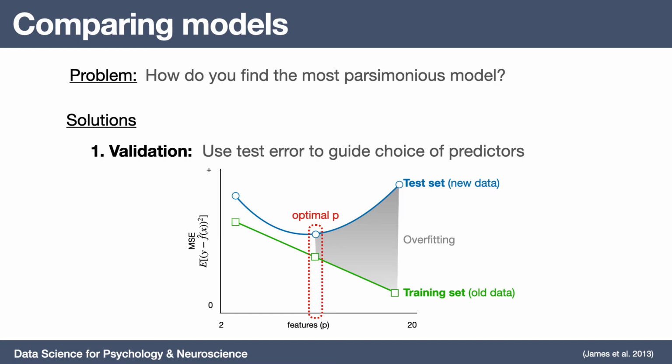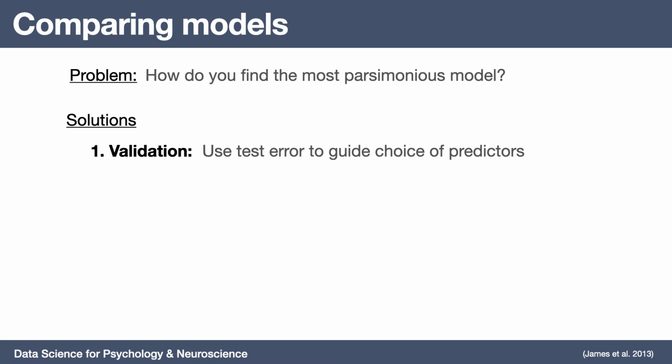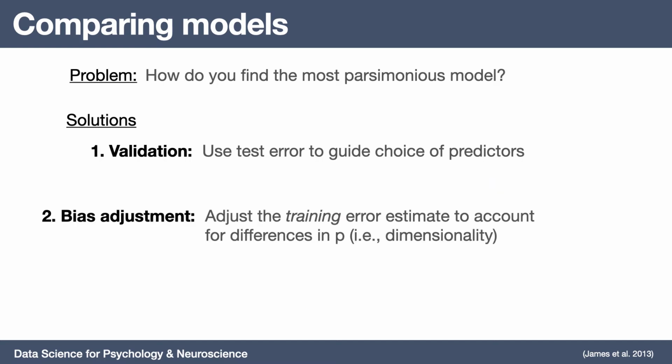Validation is good. It's also costly. It's computationally expensive. So another way to try to understand your optimal set of features is to use something known as a bias adjustment or bias adjusted terms. These are estimates of model error, in particular training error, that account for differences in dimensionality, that account for differences in P between models.